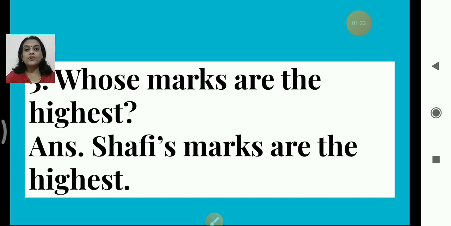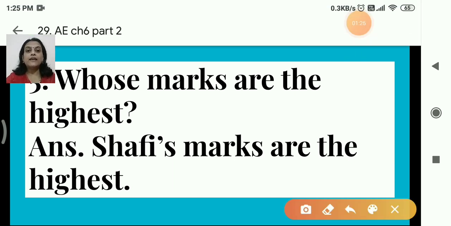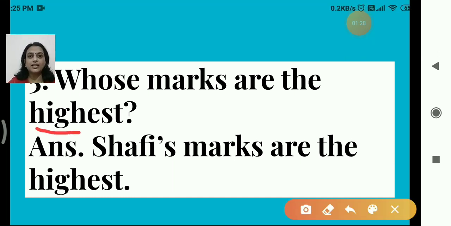Isn't it? So which adjective have they used here? They have used high, right? High is the adjective here. And to make it into a superlative degree, what is to be added here? est, isn't it? In this way, we got the superlative degree of the word high. It is highest. Just because it was a comparison between three boys, more than two, we have to use the superlative degree, right?